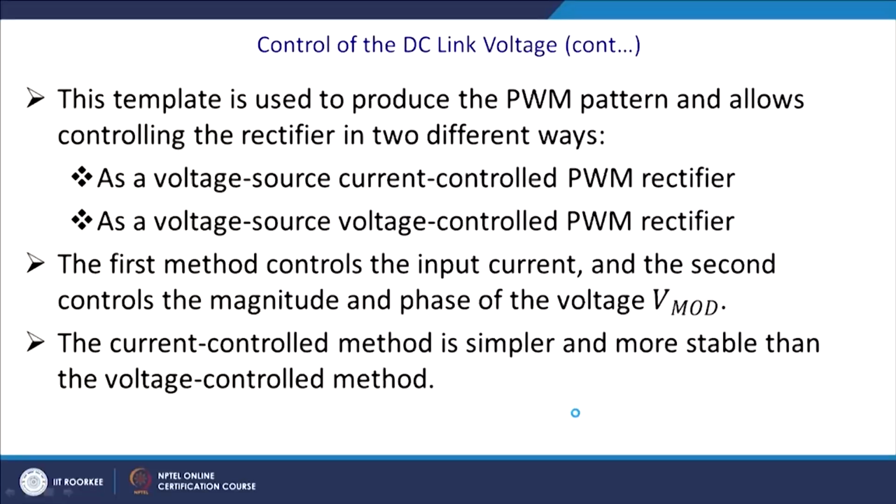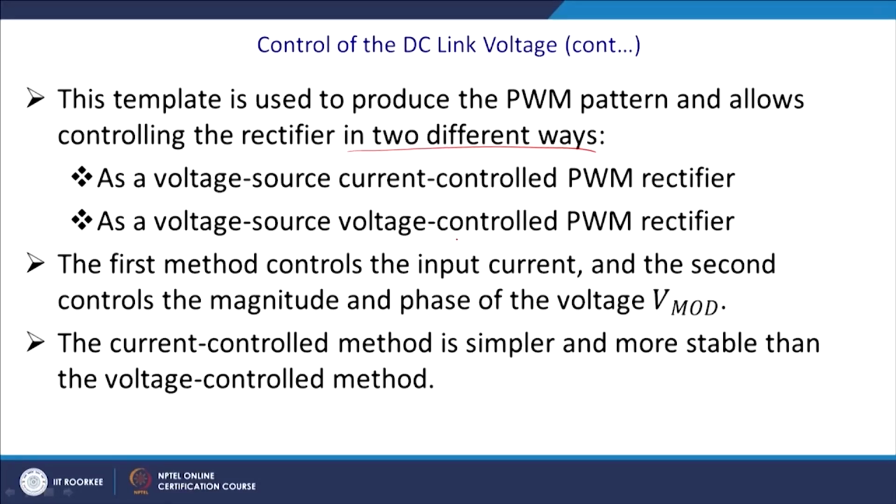This template is used to produce the PWM pattern and allows the controlling of the rectifier in 2 different ways. One is the voltage source current control PWM rectifier, for which the size of the inductor required is higher, and the other is the voltage source voltage control PWM rectifier.